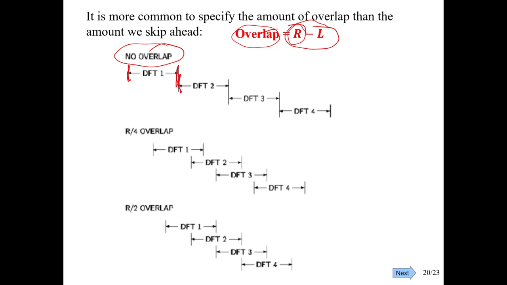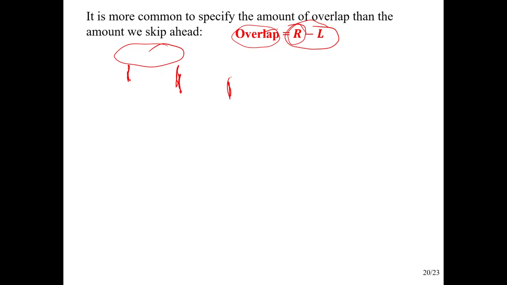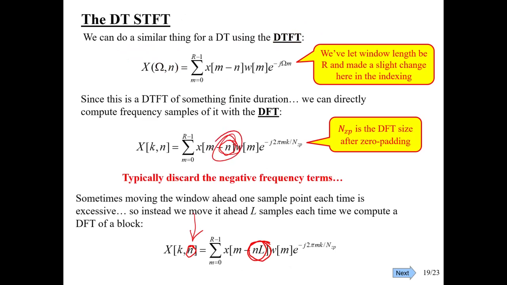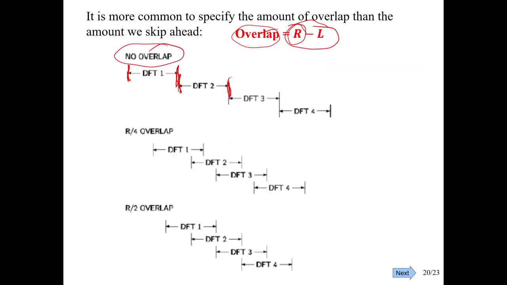We jump all the way, no overlap between those two blocks that we would do subsequent DFT processing on. We hardly ever do that. So that's the other extreme, right? When we did this part, we jumped ahead by 1. That was excessive in one direction, and now no overlap is excessive in the other direction.